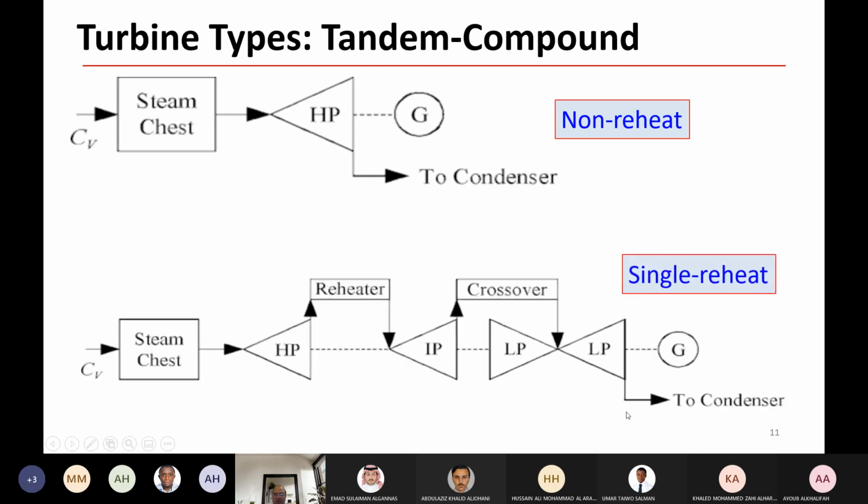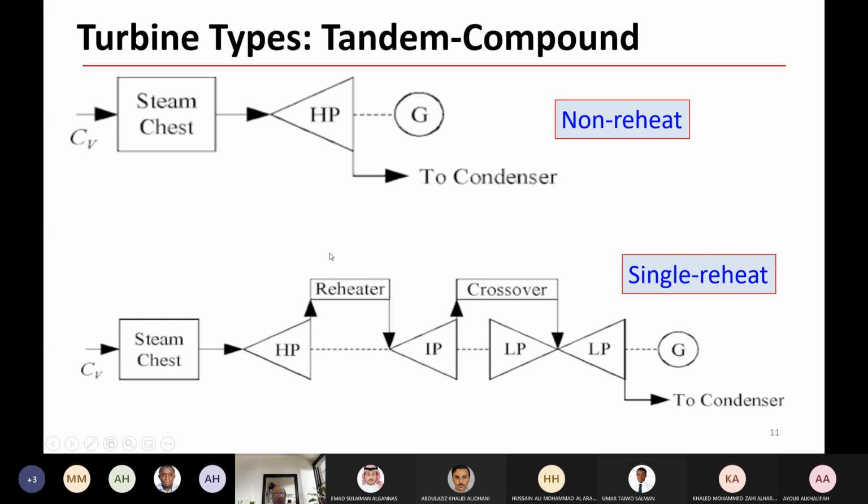You may have a single one here. This is no reheat. We may also have, after the high pressure turbine section, a reheat of the steam, and then go to the intermediate pressure section, and then you have a crossover or chamber here, and then you go to the low pressure.